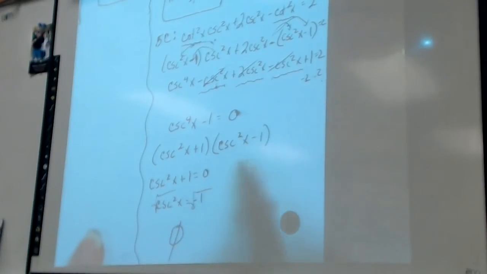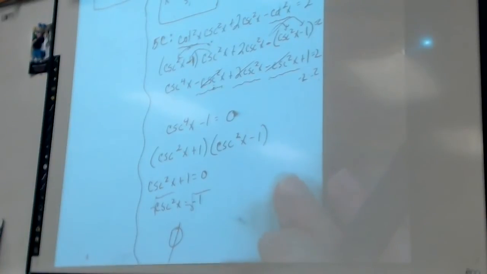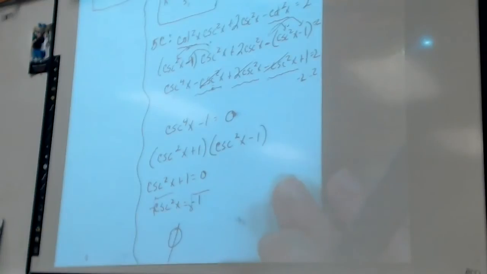When we look at our unit circle, cosecant is the reciprocal of sine. So do you change it to sine squared, 1 over sine squared x?